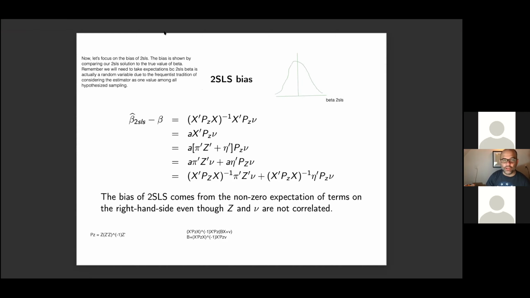We could have this beta, with a mean of this, but we may have this one right here, so it's got this variance. Right now we're just going to do this minus beta. But in a minute, we're going to take the expectation, and that's going to be the expectation over all of the beta two-stage least squares.